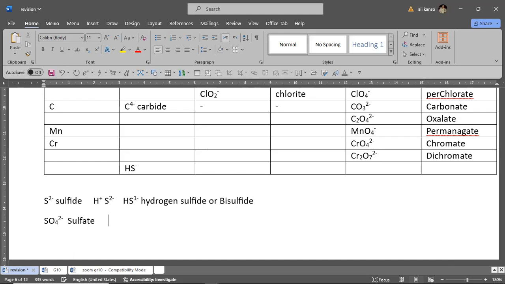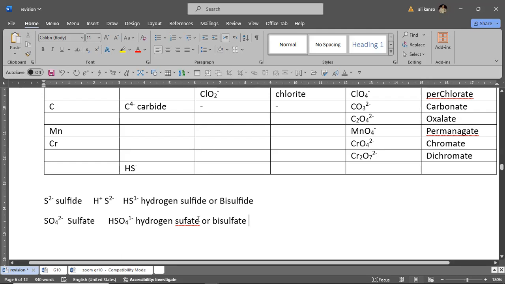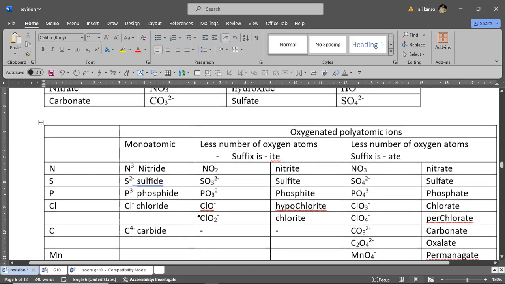When H plus is introduced, it becomes HSO4 1 minus. Then its name will be hydrogen sulfate or bisulfate. Okay, this is everything about naming.